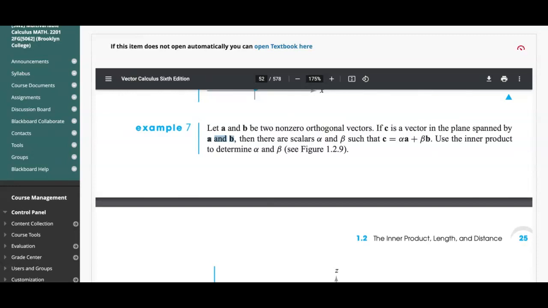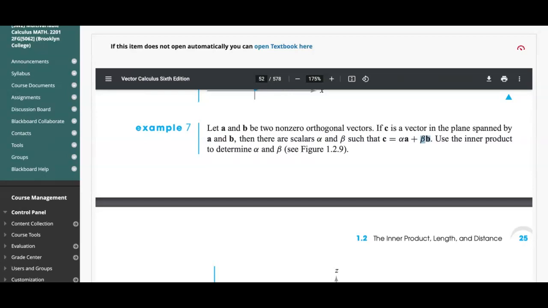So think about this basic case. But here it's saying C is in the plane spanned by A and B, which means A, B, and C are on the same plane, and there are scalars alpha and beta such that C can be written as alpha A plus beta B.